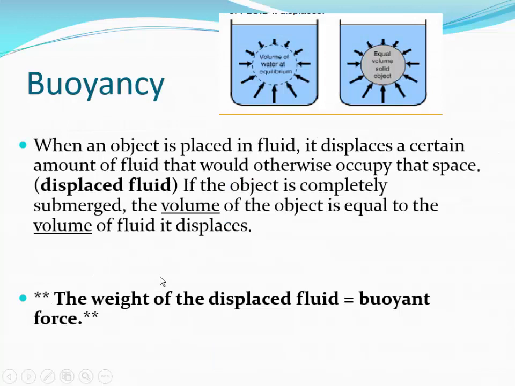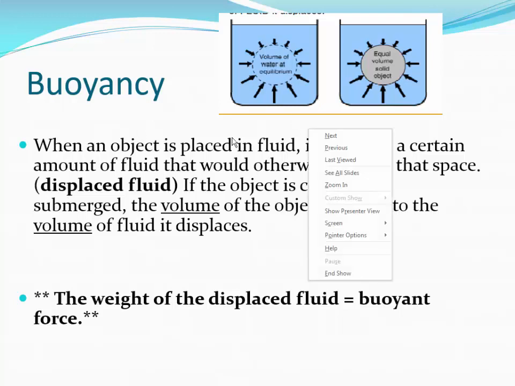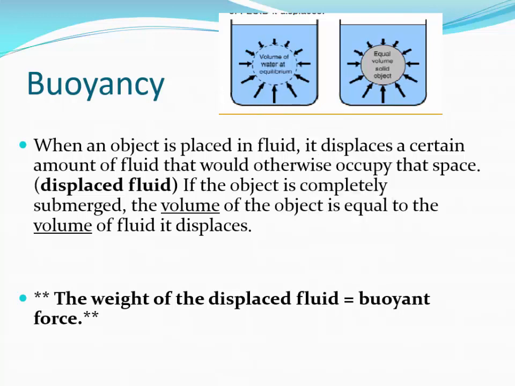Okay, so let's talk a little bit more about what it means for something to be in water or a fluid and how that factors into calculating buoyancy. Whenever you put an object in water, you are pushing out water from that spot in the fluid that would normally be occupied by water.